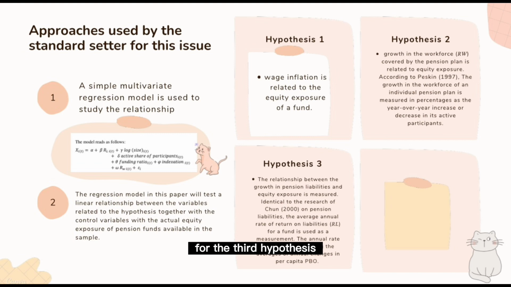For the third hypothesis, the relationship between the growth in pension liability and equity exposure is measured. Identical to the research of Chan on pension liabilities, the average annual rate of return on liability for a fund is used as a measurement. The annual rate is calculated by taking the average of annual changes in per capita PBO.